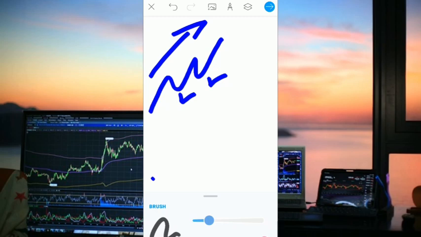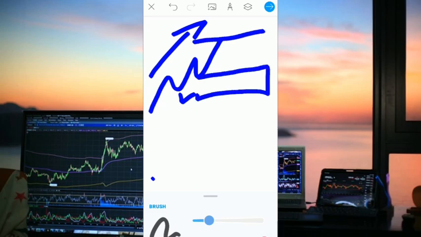Now if it is an uptrend, we are going to mark the last key level before price changes course. So let's say price is changing course right here, so we are going to mark this key level using a rectangle.